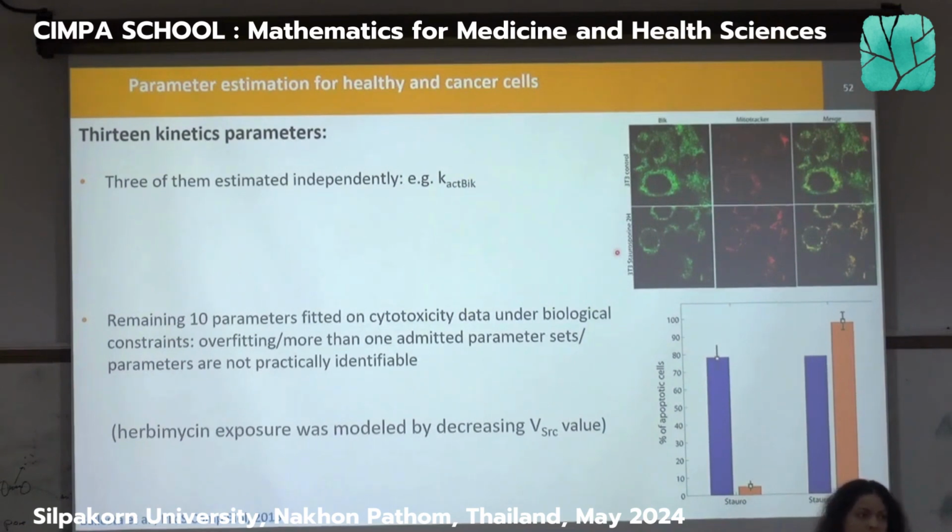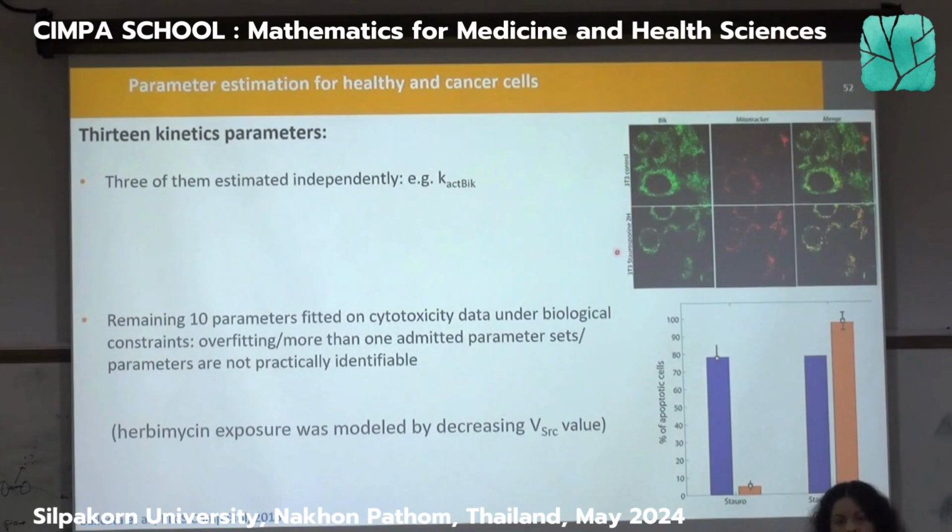On the opposite, for the 10 remaining parameters, we have only few data. So let's be honest, this is the case where we are facing an overfitting problem. We don't have a single parameter set that is optimal for the data. We have actually plenty of different parameters. Maybe you have heard of the word identifiability, and the synonym of that is that basically the parameters are not practically identifiable.